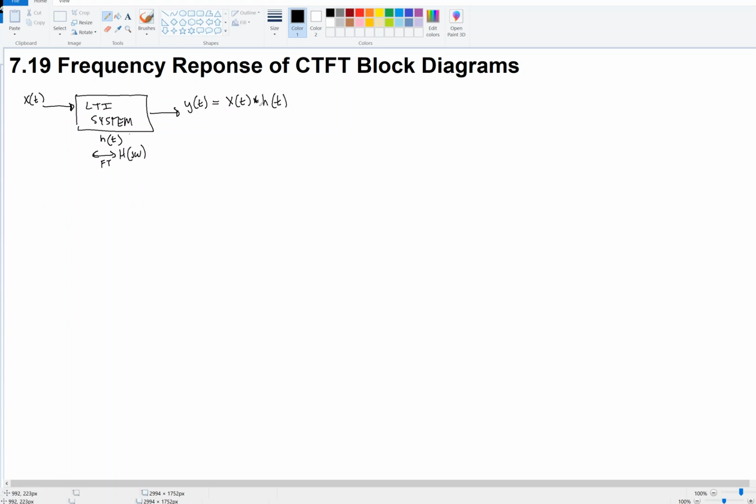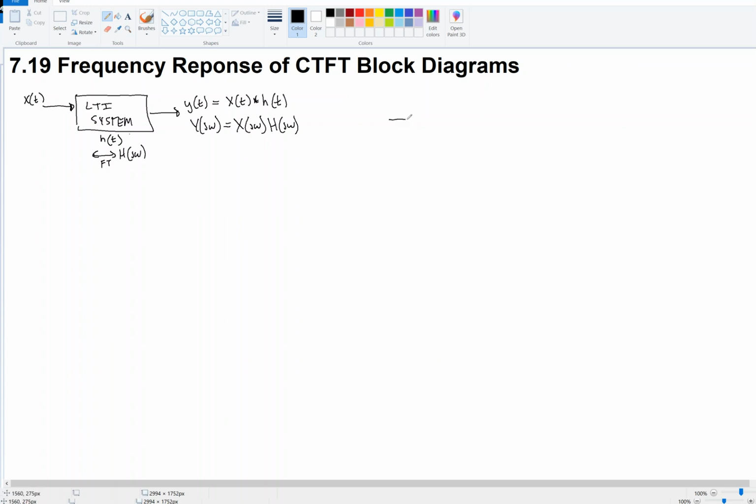But according to the convolution property of continuous time Fourier transforms, the spectrum of y is the multiplication of capital X with capital H. So this gives me two choices. I can either perform convolution to get the output, or I can perform multiplication in frequency to get the output.